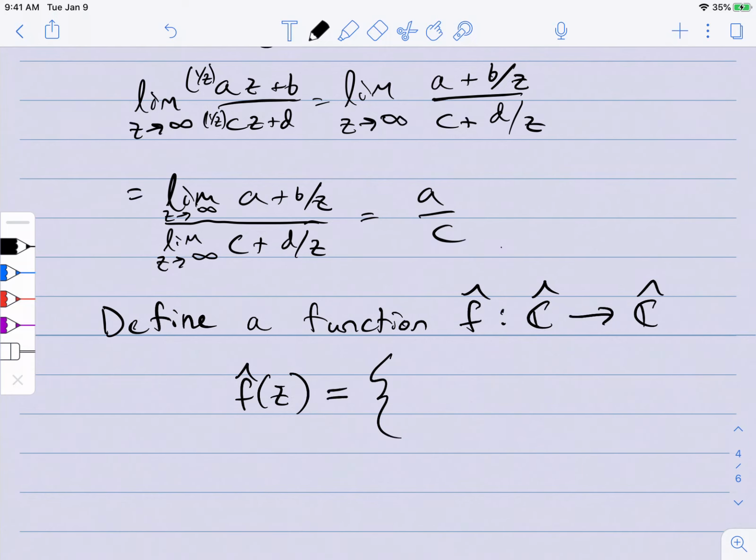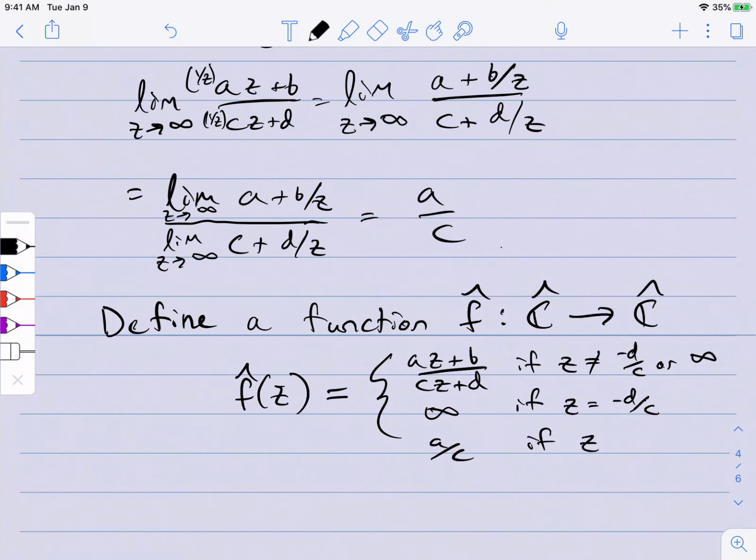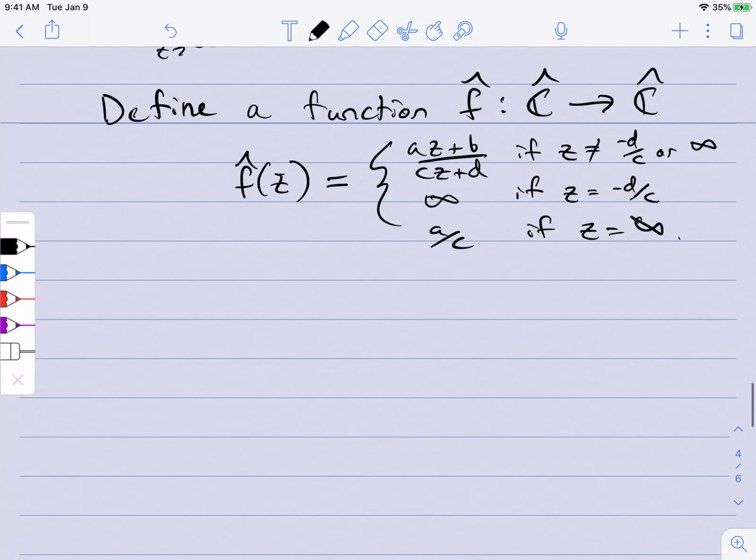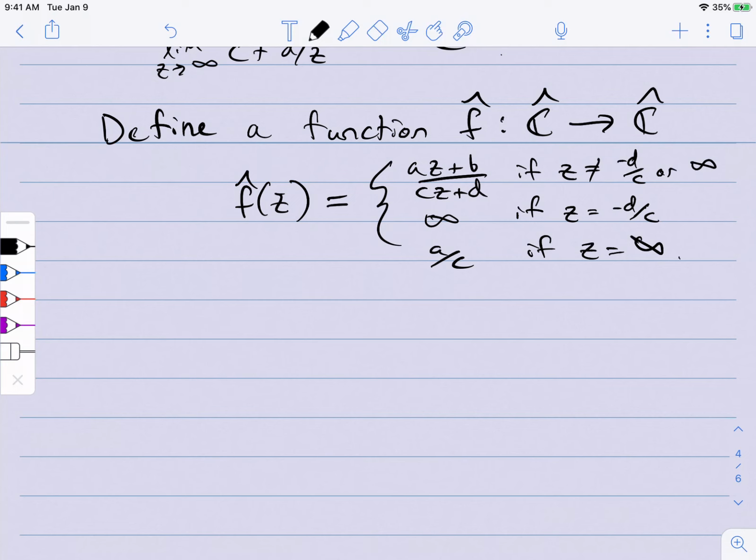And I'm going to define it to be just the usual Mobius transformation if z is not equal to negative d over c or infinity. I'm going to define it to be infinity if z is equal to minus d over c. And I'm going to define it to be a over c if z equals infinity. And so I'm filling in the holes where my original Mobius transformation wasn't defined.